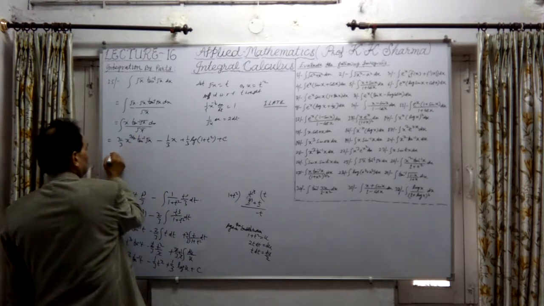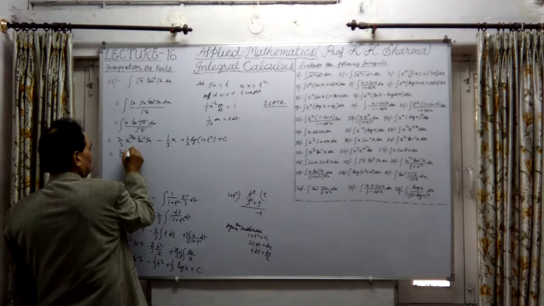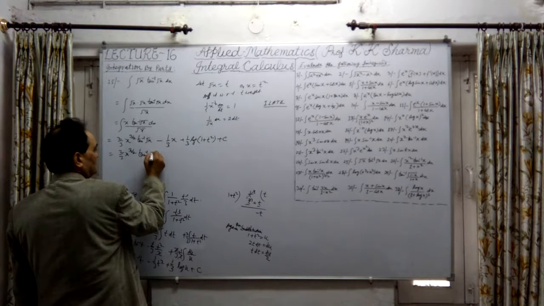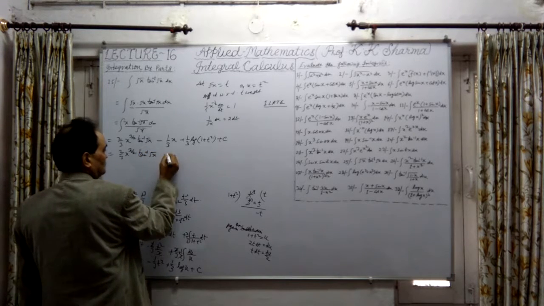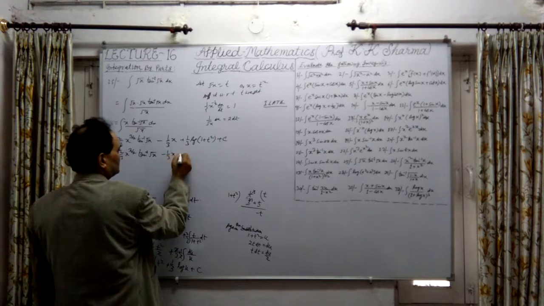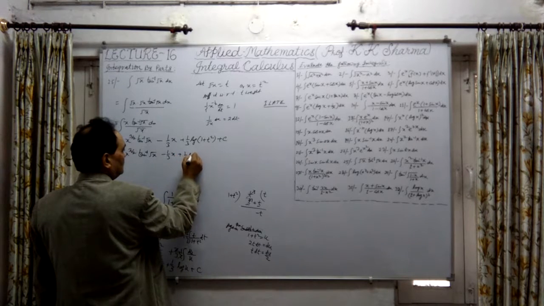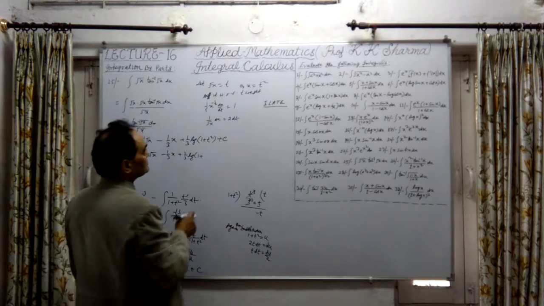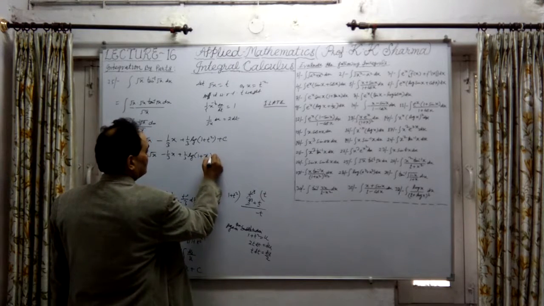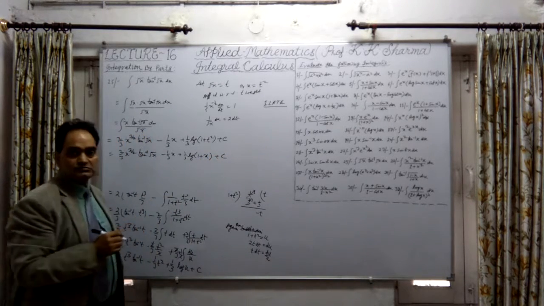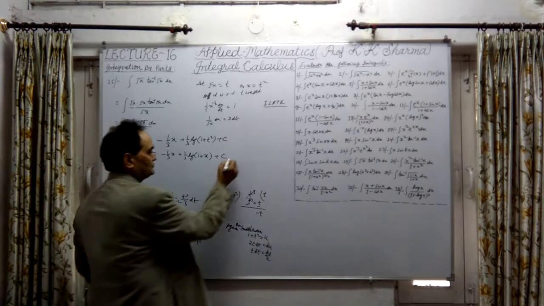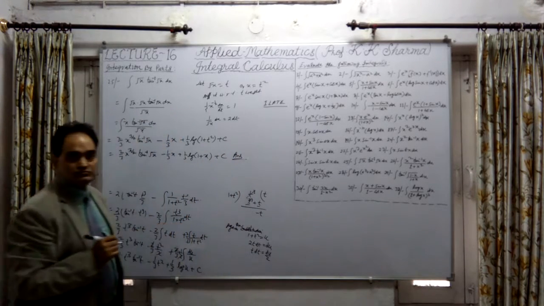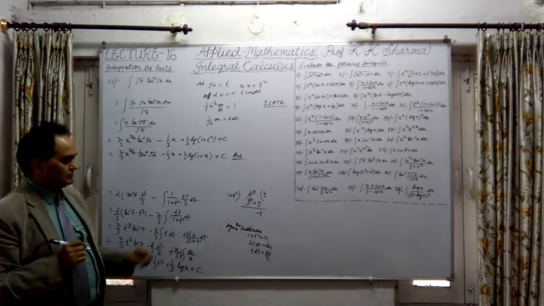But the answer is still not in x, so this is to be converted into x: that will be minus 1 by 3 x plus 1 by 3 log of 1 plus x, since 1 plus t square means 1 plus x, plus constant of integration. This is the final answer, the answer of question number 20. Question number 20 is finally solved.